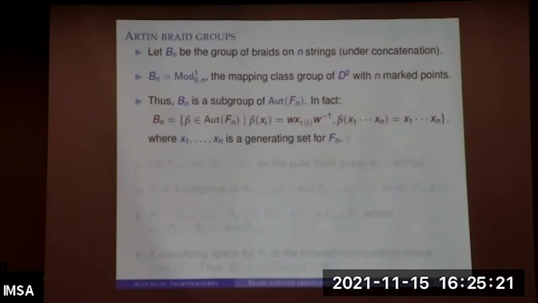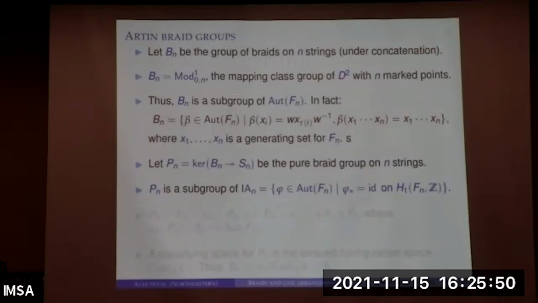The braid fixes the product of the generators. And the theorem of Artin says the converse is true. If you have any automorphism of the free group satisfying this condition, it is a basis-conjugating braid-permutation automorphism. It sends every generator to a conjugate of another generator and fixes the product, then it's an element of the braid group.